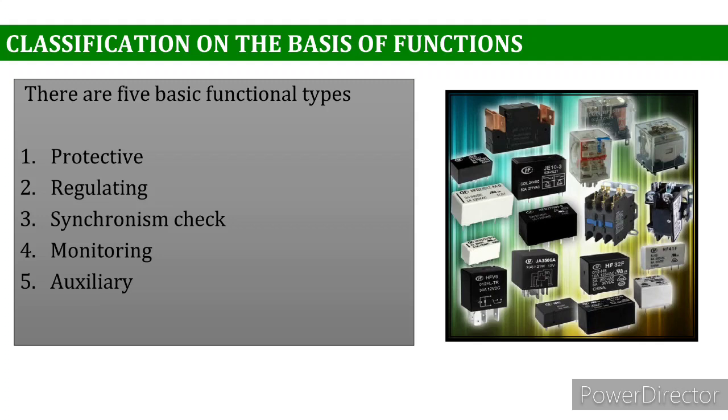As we discussed earlier, relays can be classified in several directions. If we talk about functions, there are five basic functional types: protective, regulating, synchronism check, monitoring, and auxiliary. In the next slides, we will discuss each type in detail.